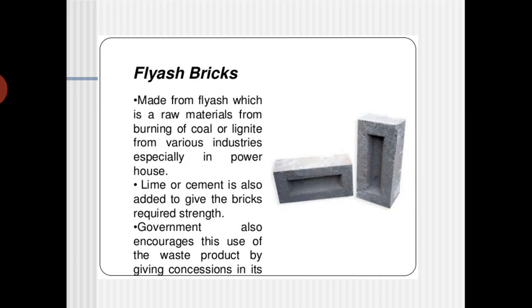The concept of green building or green industries stands for utilizing the wastes which are coming from the industries. So for such industries, we should give a concession in their power supply or in the water requirement. All those things the government is giving. They have already started giving the green cess or the green subsidy for those industries.